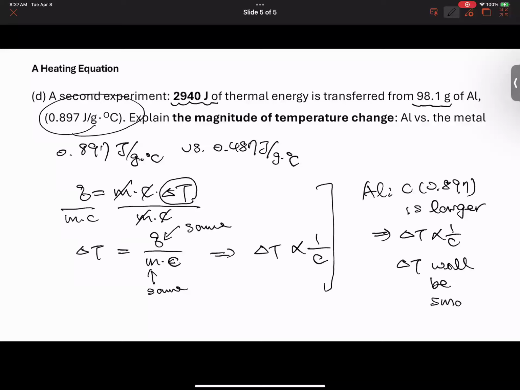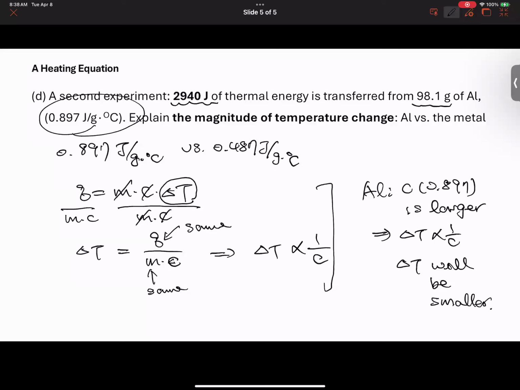This is our conclusion. In this problem, it was asking whether you know how to use the heat equation properly, especially in this simple coffee cup calorimeter. We are using this to measure the specific heat of the unknown metal, and use it to identify the unknown metal. Then we compare this unknown metal with another metal with known identity, aluminum.